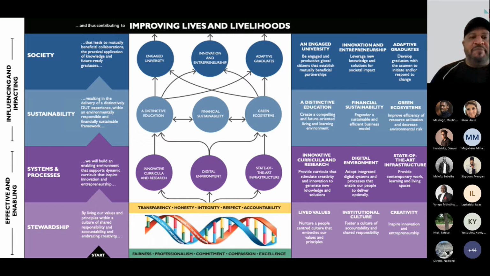Now, in this entire page, the word internationalization doesn't appear once, but it is embedded across the plan. There are 12 strategic objectives that you see listed on the right-hand side of this plan, and you will see internationalization embedded in each of them: our lived values, our institutional culture, and the one on the extreme right in the corner, creativity, is so central.